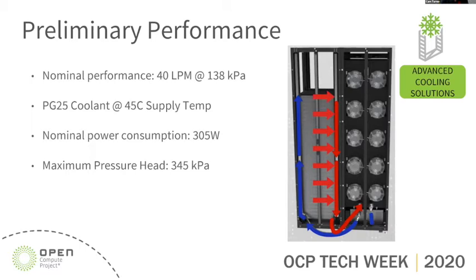Now, as John showed earlier, the specs for total power consumption have been defined. So the total solution is to be less than or equal to 5% of the total power of the IT gear. And the RPU is intended to be less than 3% of the total power.